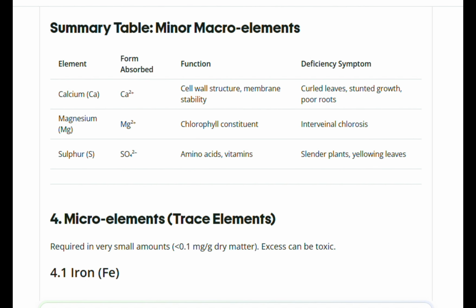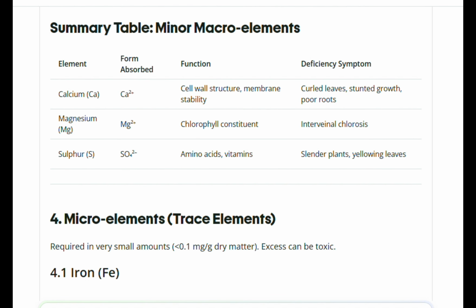Then we have micro elements, trace elements. These are required in very small amounts, less than 0.1 mg per gram of dry matter, because excess can be toxic.